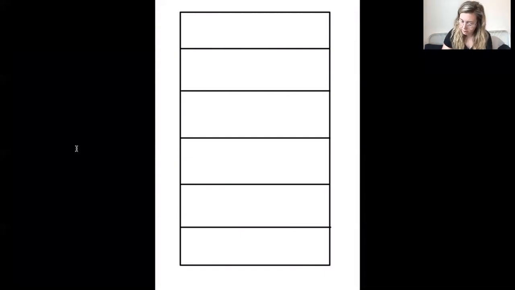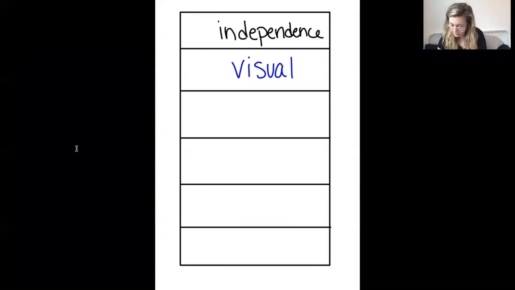So at the top here, independence is always our goal, so that's going to be at the top. One step down from independence would be our visual prompts. A step below that is our verbal prompts. And then next, our gestural.